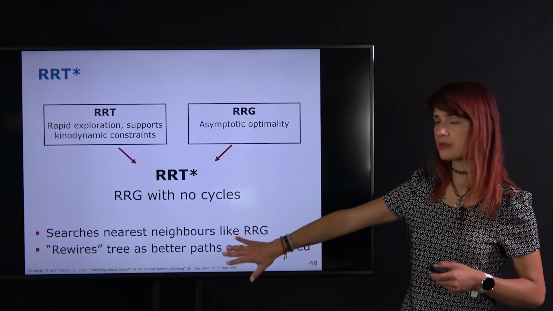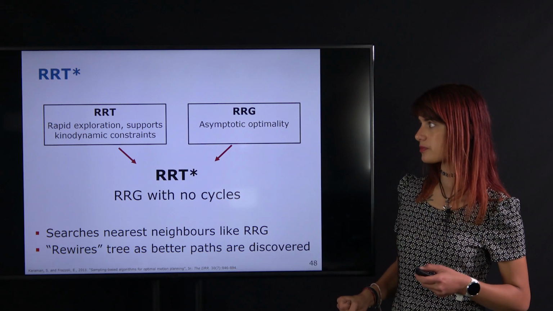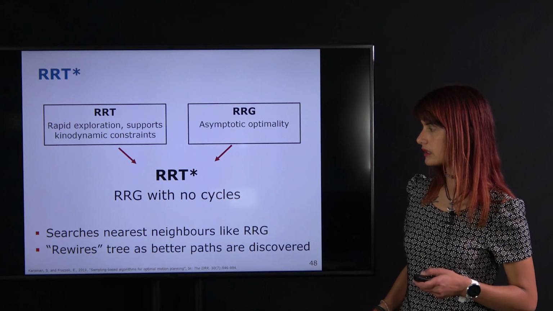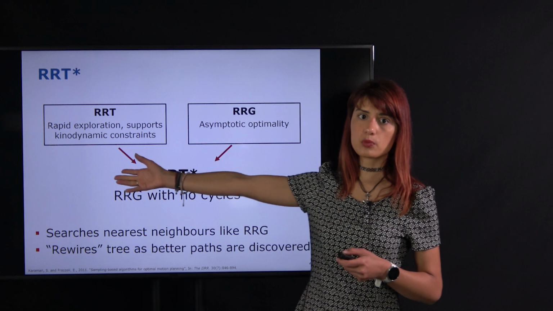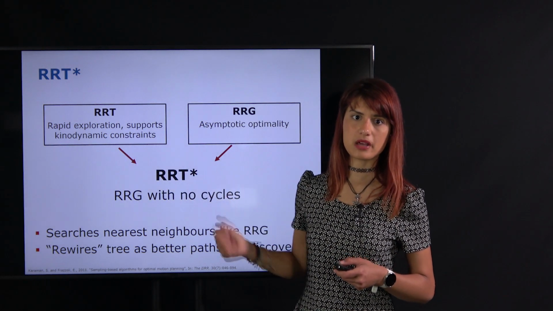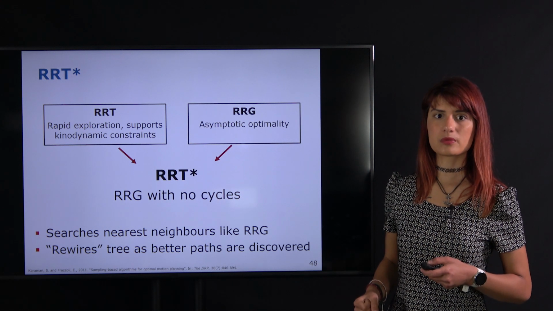So it effectively updates the costs of the tree in order to make sure we preserve the shortest possible path. And these are the two key ideas that we use in this algorithm in order to bring the advantages of both of the methods together to obtain a tree-based structure with an asymptotically optimal solution.